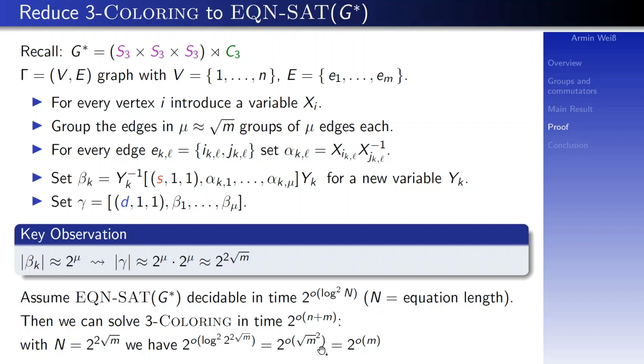We can simplify it, and we just get 2 to the little o of m. Well, that contradicts ETH. So this is the proof of the main result in case of this group Gstar. The actual proof of the most general result is of course more technical, but all central ideas are already present in this proof.